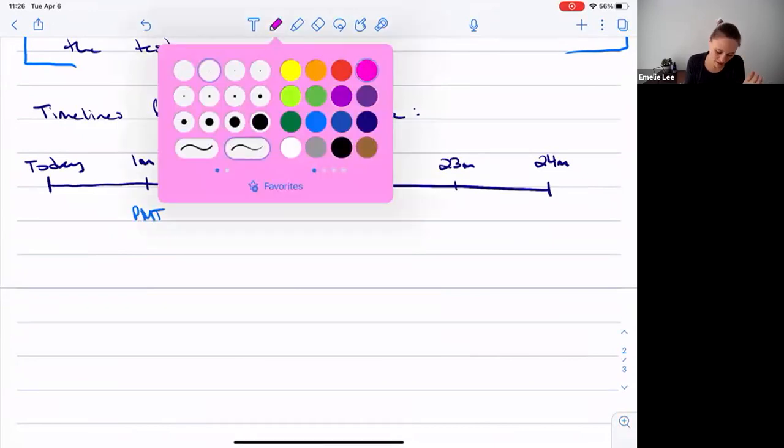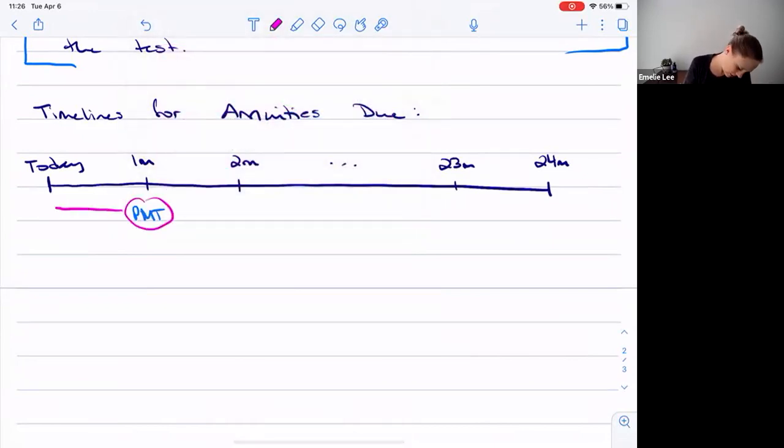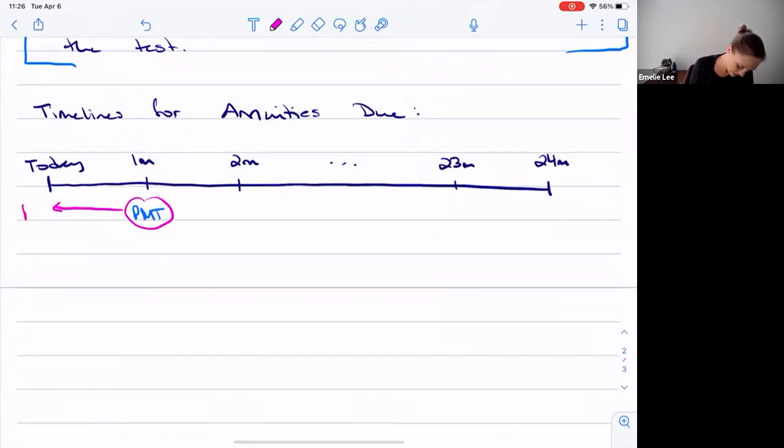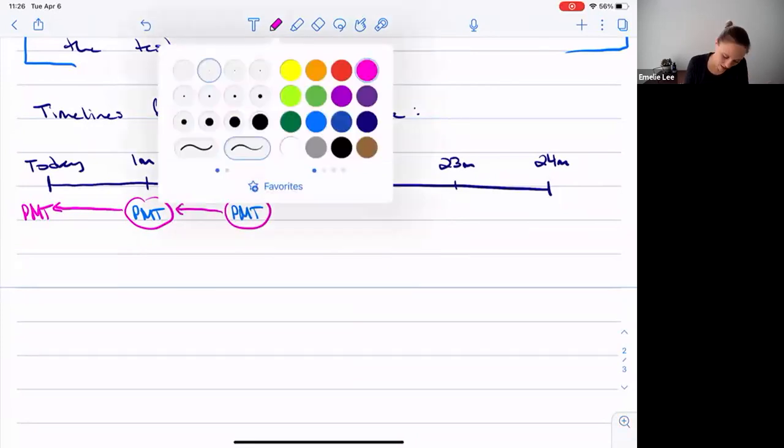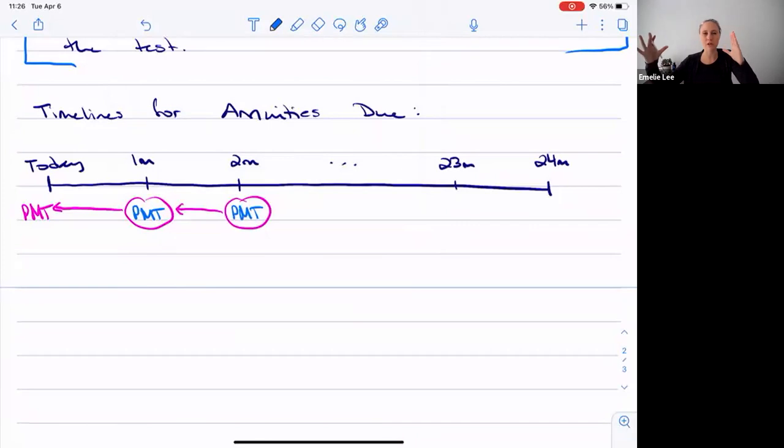Now if it's being paid at the beginning of the month, it has to move to today. So now we have this payment happening today. The payment that was happening at the 2 month mark is being bumped to the beginning of that month. So we have these payments and they're all getting bumped. You shift all your payments over one payment period, because it's going to get shifted to here.